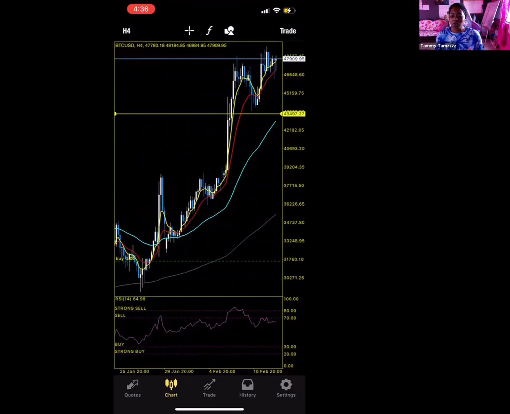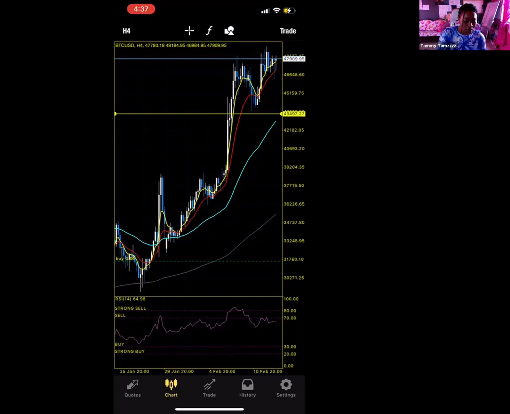I'm making sure that I'm making money every time the market pushes up. All I'm doing is looking for a higher low if it's an uptrend, or a lower high if it's a downtrend, and putting my stop loss just below that area that it pulled back to before continuing.